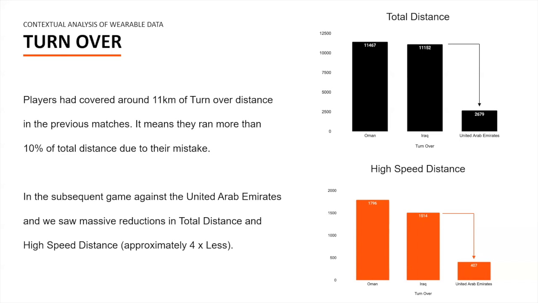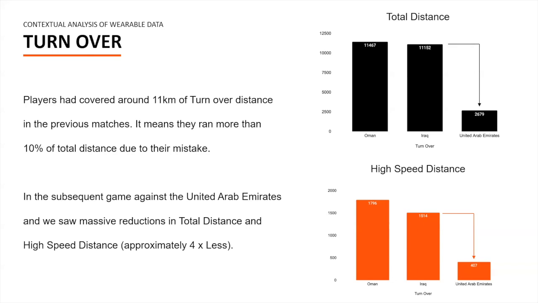So before the final match against UAE, we presented this turnover data and clips to them, and we said, "Hey guys, we covered 11 kilometers in the previous matches by turnover, but we think if we can minimize this kind of distance from turnover, our hilarious mistakes, we could save our energy and be more efficient in terms of our physical."